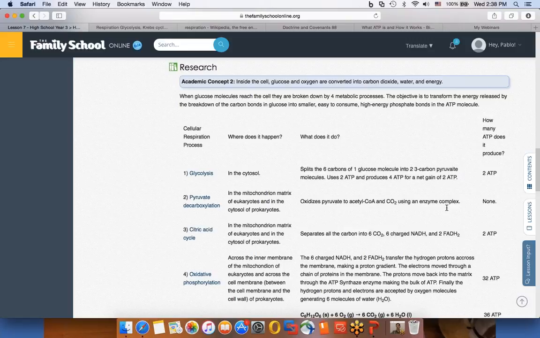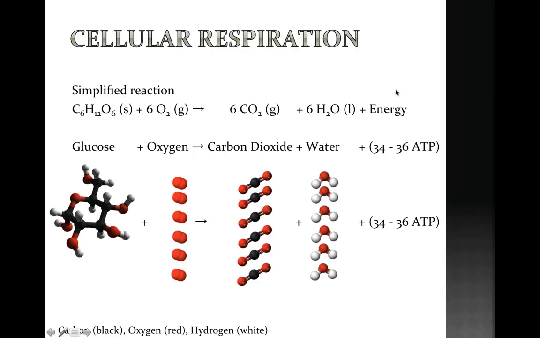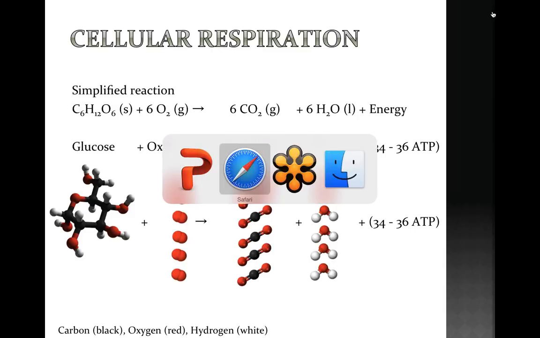Yes. All right. So when the cell converts energy, this academic concept 2 is really the whole process of how carbon and glucose and oxygen and water can be converted into energy. There are multiple different parts and stages that happen and go through your body.